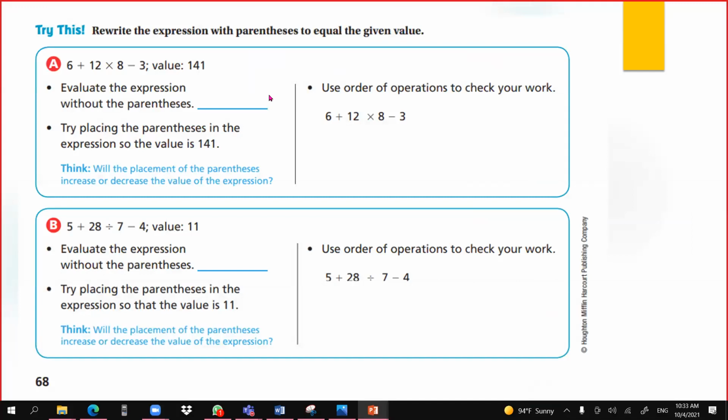I want you now to go back to page 68. On page 68 here, we have expressions. As you see, they wrote an expression such as 6 plus 12 times 8 minus 3. And I want you now to put parentheses in order to get the answer 141.